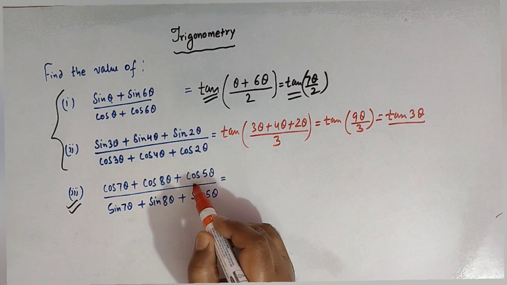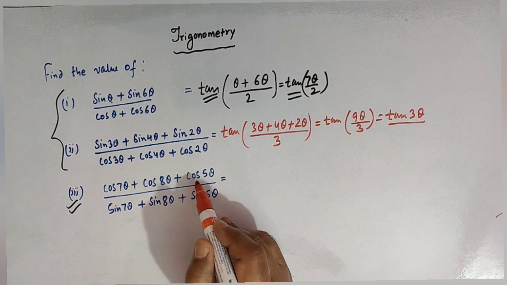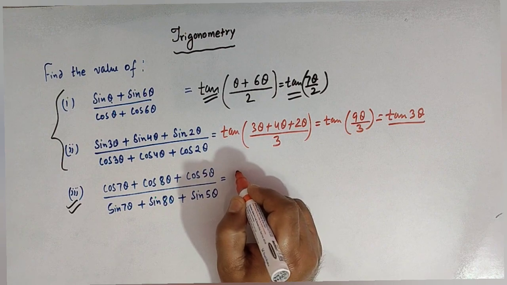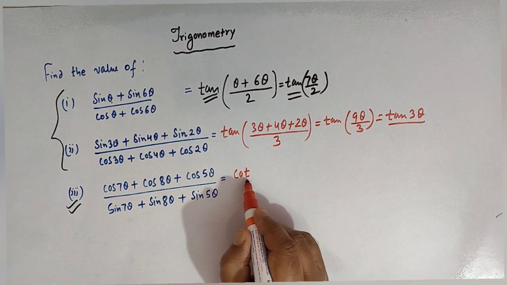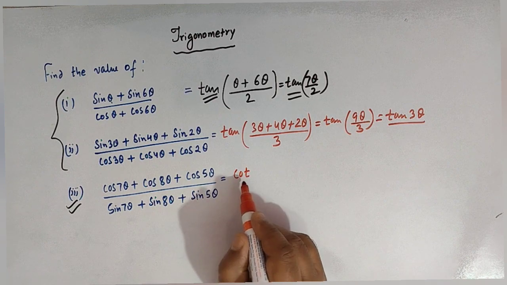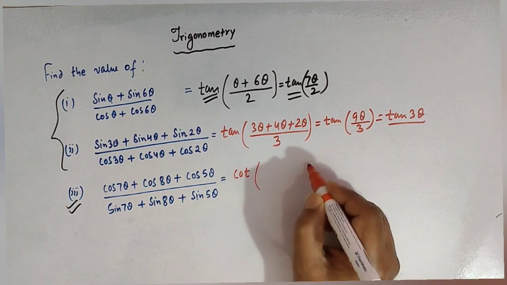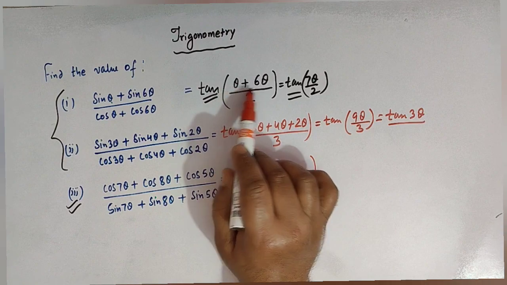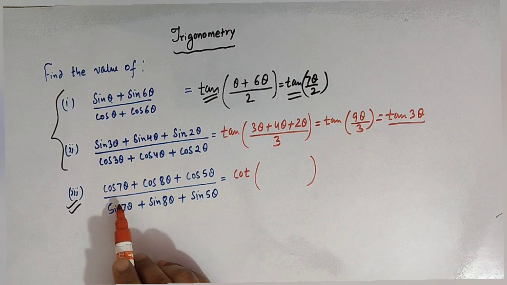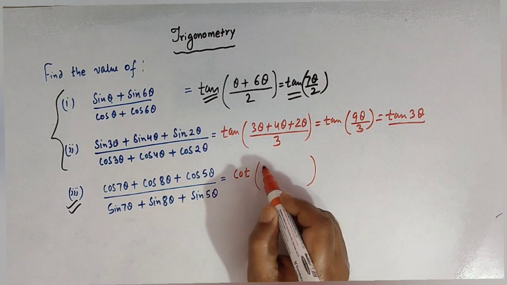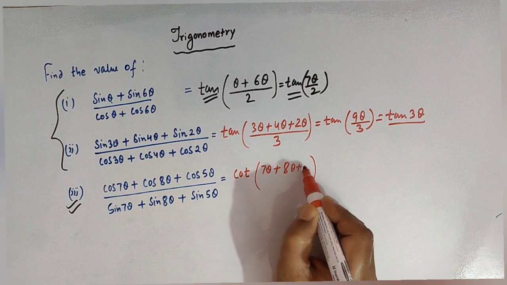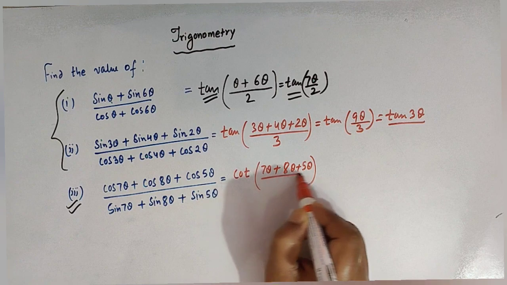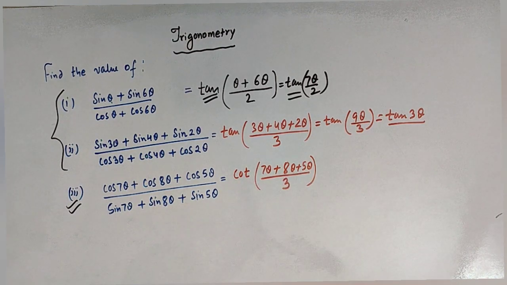So whenever the cosine function appears in the numerator, we write the function cot here, and the remaining process will be the same. So here we have 7 theta plus 8 theta plus 5 theta divided by 3, right?